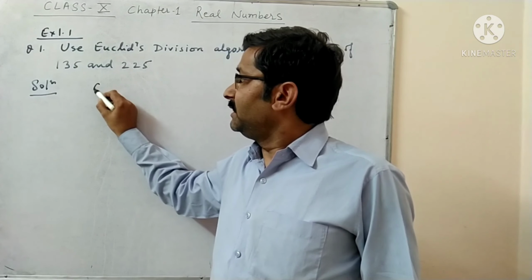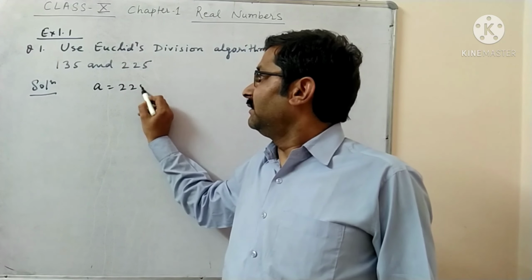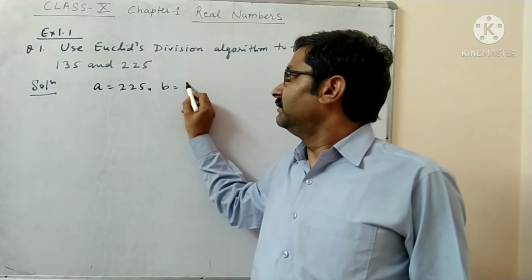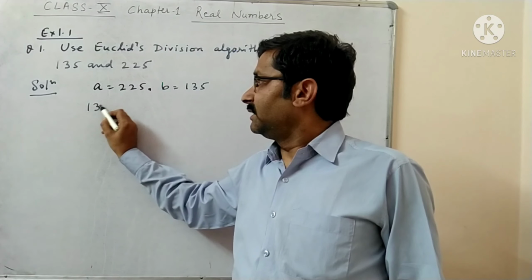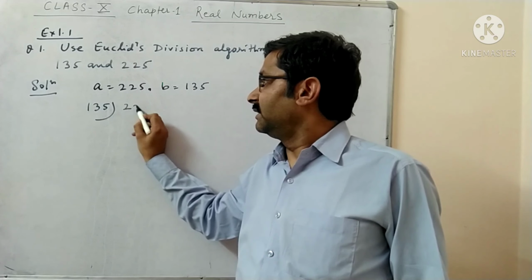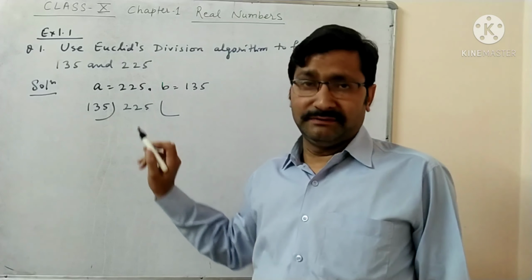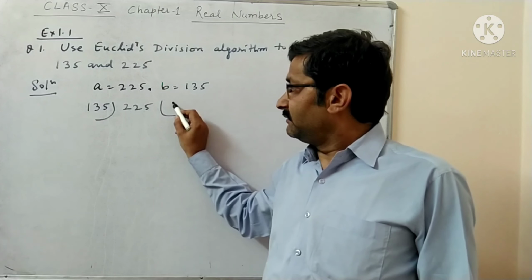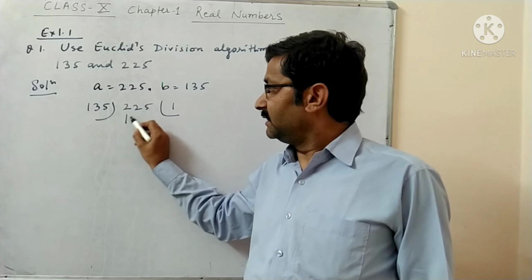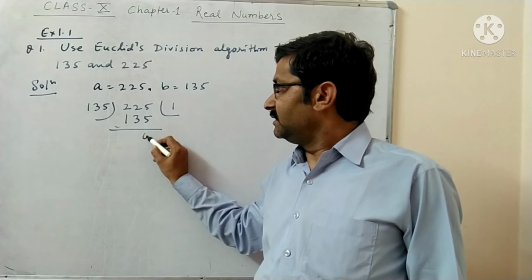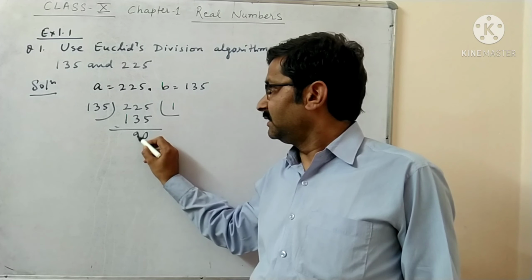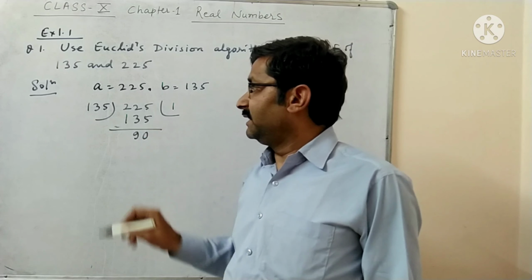Here A will be equal to 225 and B equal to 135. We divide 225 by 135, it divides by 1, so we get 135, and subtracting these we get 90.